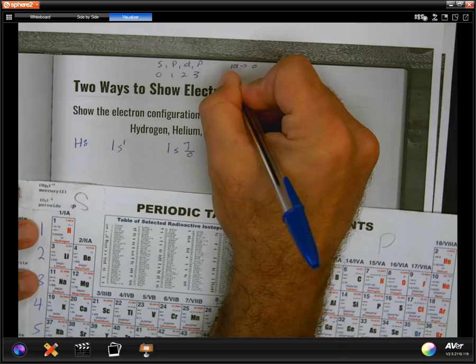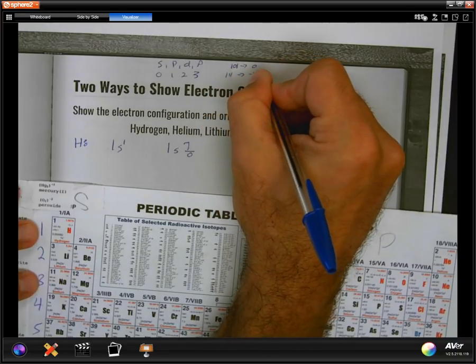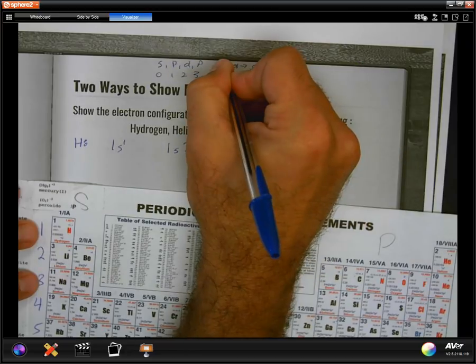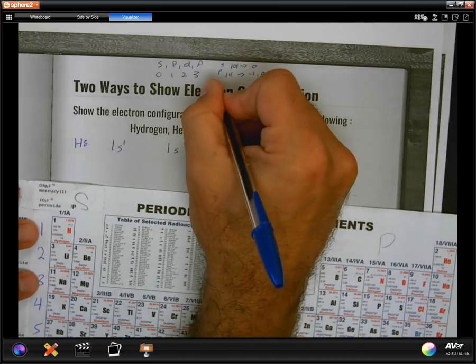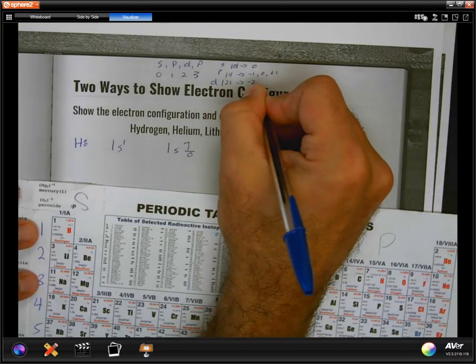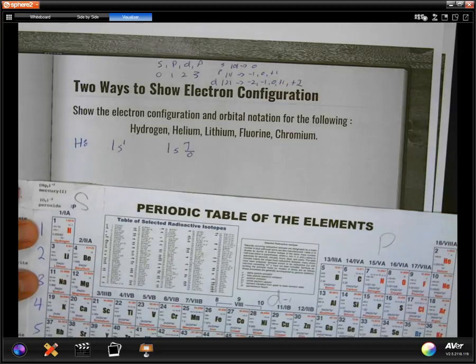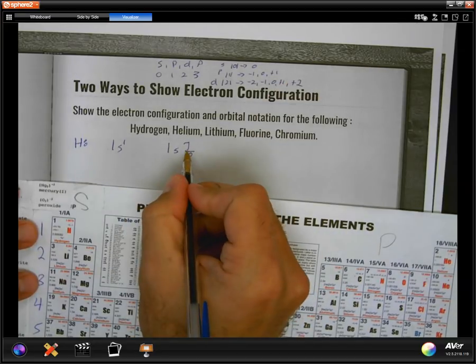For p, it's going to be -1, 0, +1. So this is your s, this is your p, and then your d, which we'll see in a little bit, has the absolute value range of 2: -2, -1, 0, +1, +2. All right, so that is the orbital notation.